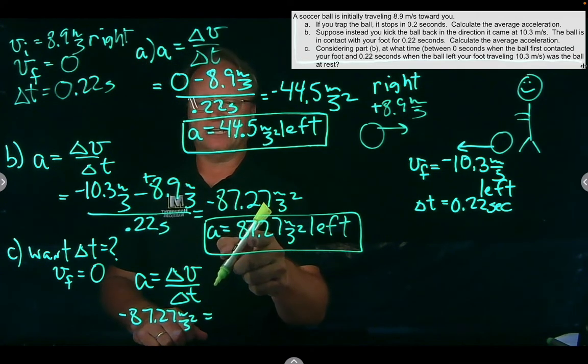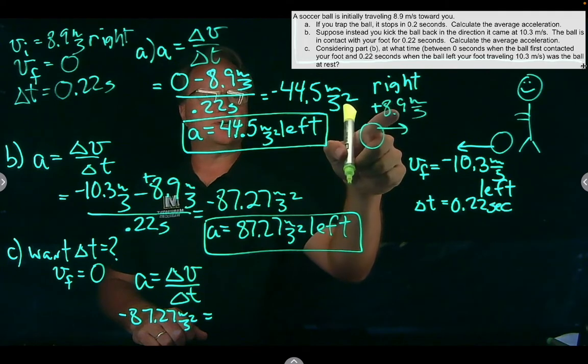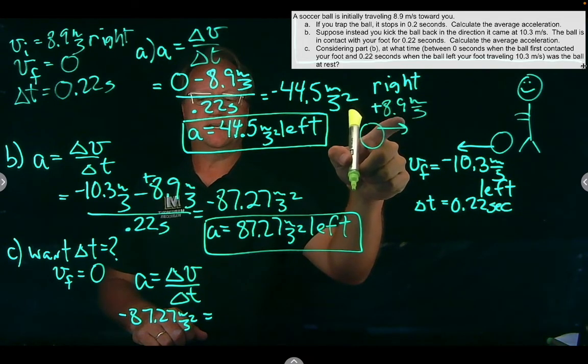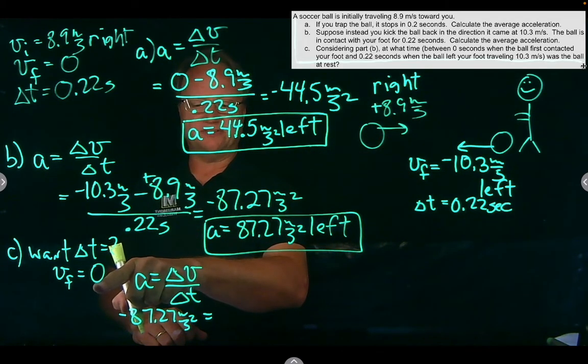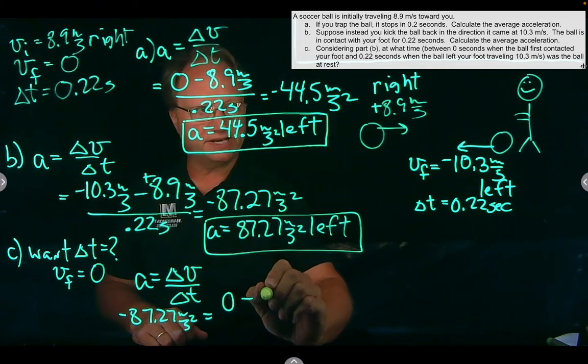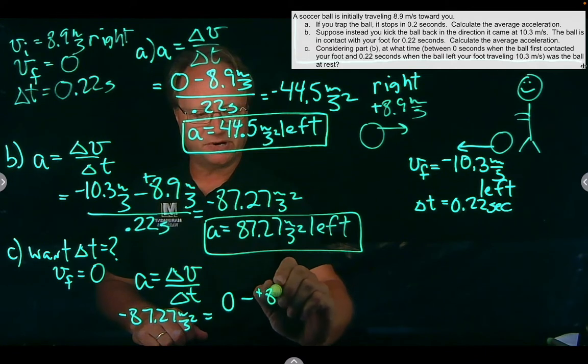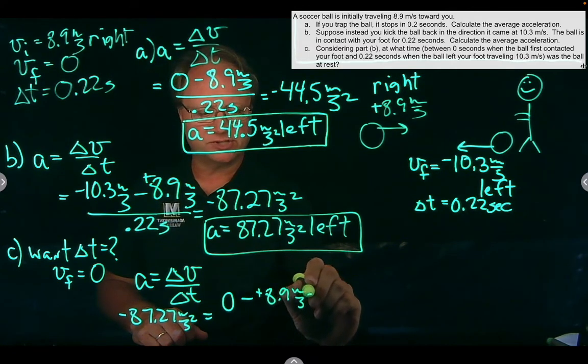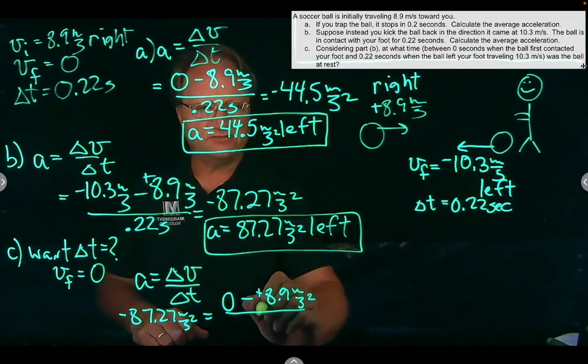Our change in velocity, well, it still started at 8.9, but now we want the time when the final is 0. So then final, 0 minus initial, the positive 8.9 meters per second, divided by the time period, that's our unknown.